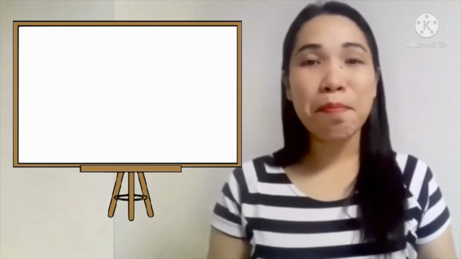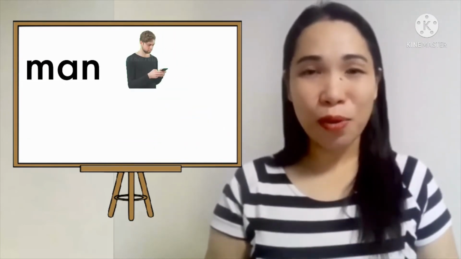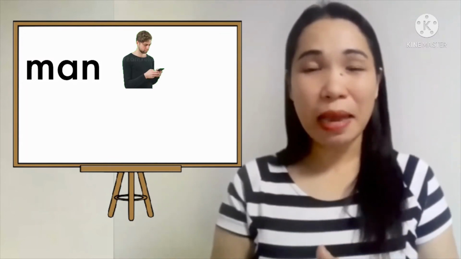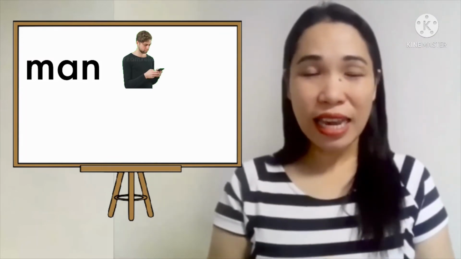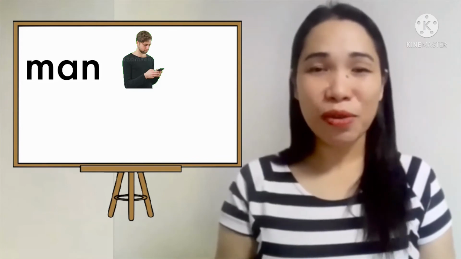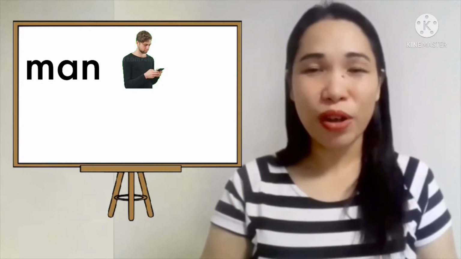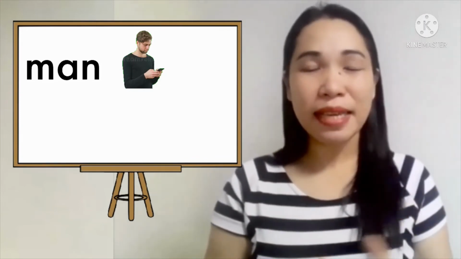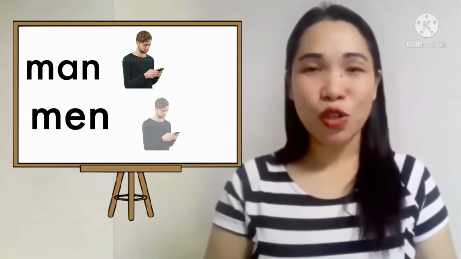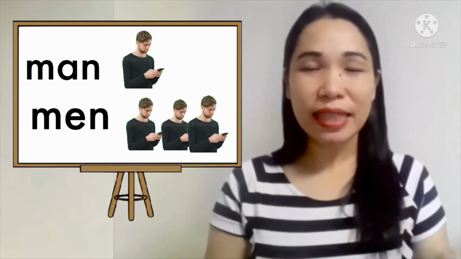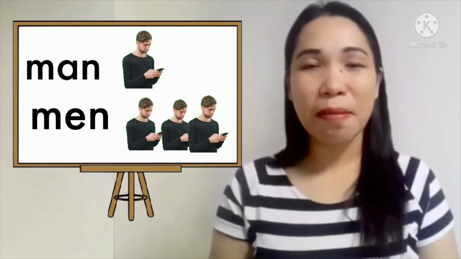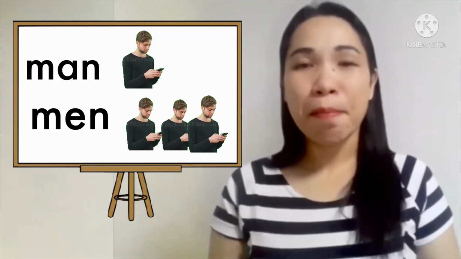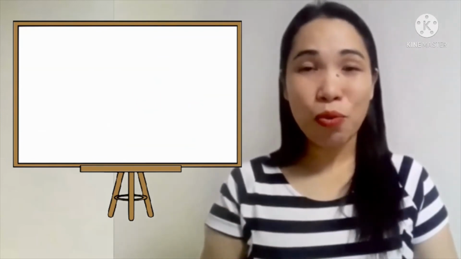Next is man or yung isang tao. Pag marami na ang tao, we will not say mans or adding an S at the end. Hindi natin gagawin yun because that's absolutely wrong. Instead, man magiging men. So, yung A sa gitna, papalitan lang natin ng E to make it men. So, man, men. The same then sa woman.